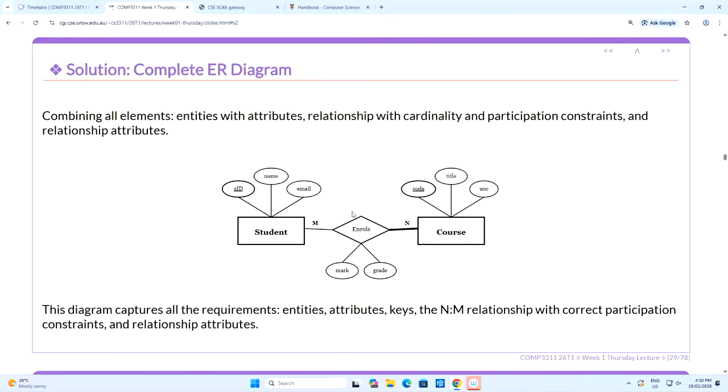Can you explain why grade is a derived attribute? Oh, grade, like here, I should have modeled this as a derived attribute because grade can be computed based on your mark. So it's redundant information. If your mark is like 49, then grade is automatically fail. And so that's redundant information that we don't really store.